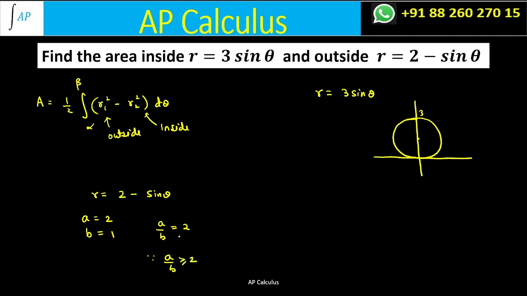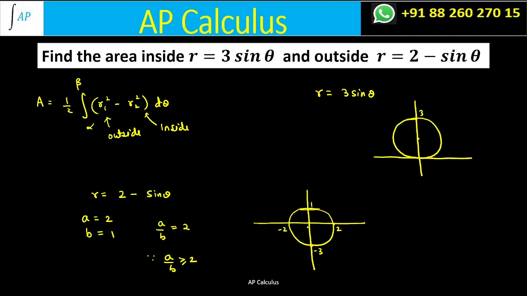Since it is negative, it will be a circular type shape but flattened at the top, and it will open along the negative y-axis. On this axis, this is 2, this is minus 2, and 2 plus 1 is 3, so it is negative 3 here, and 2 minus 1 is 1, so this is 1 over here.